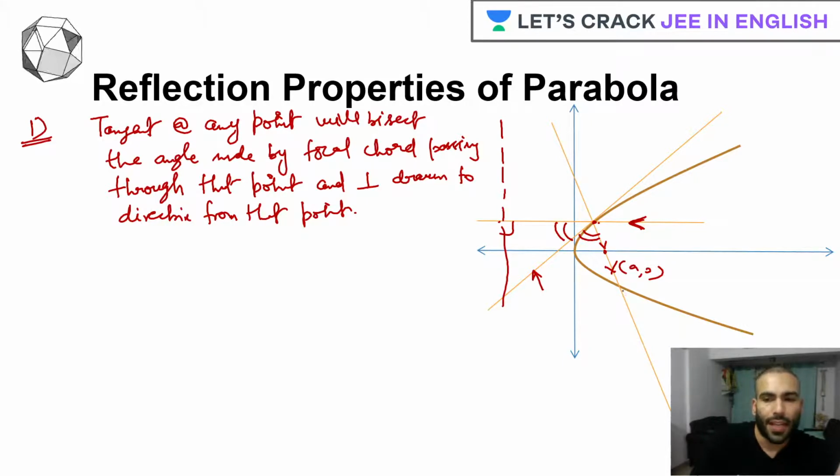And another property is, if we have a light ray passing through the focus and incident on the parabolic surface, then after reflection it will be parallel to the principal axis, like this here. So these are the properties which a parabola has.